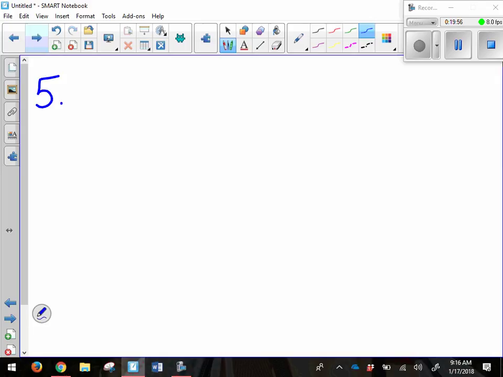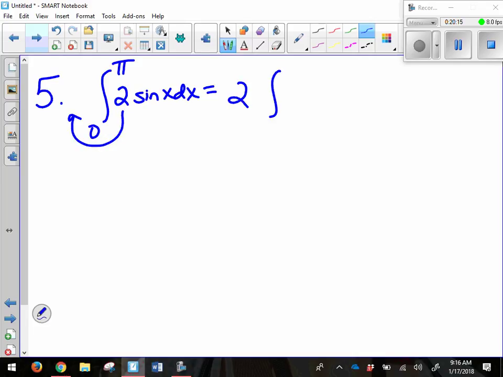Number 5, what's number 5? Okay, so I'm pretty sure that another one of those things from Theorem 2 tells me that when I have a constant, I can bring it outside the integral. So I can call this 2 times the integral from 0 to pi of sine x dx.